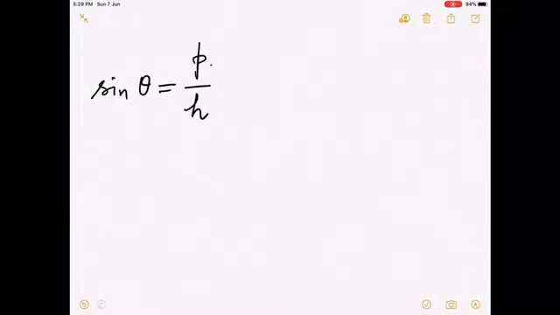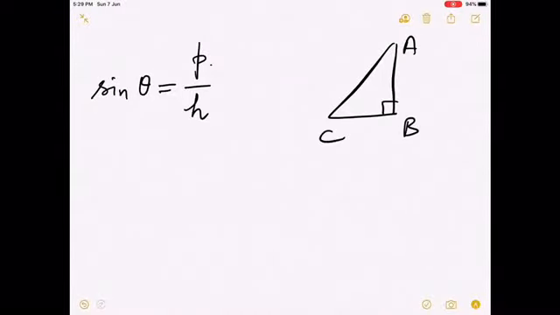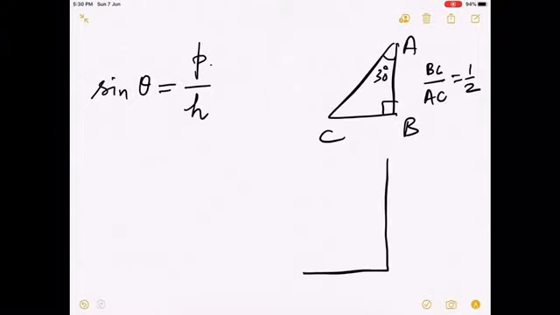Just to give you an example, let us say I have a triangle here, this angle is 90 degrees, and this angle here is 30 degrees. Now I can write down the ratio of the side BC upon AC. If I measure the side BC and the side AC and find that the ratio comes out as half, then I draw another triangle, probably bigger than this, but having the same angle of 30 degrees, apart from the right angle.